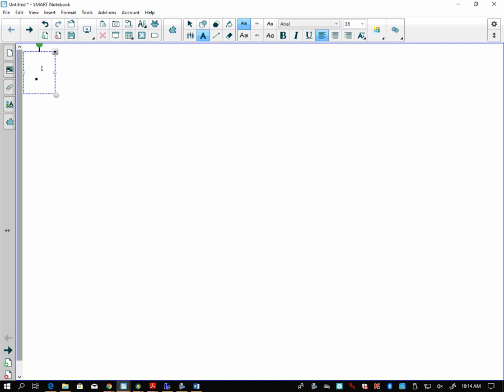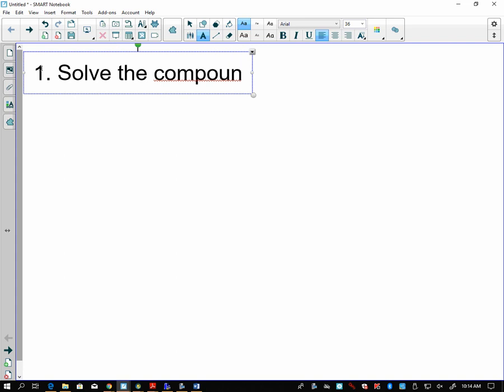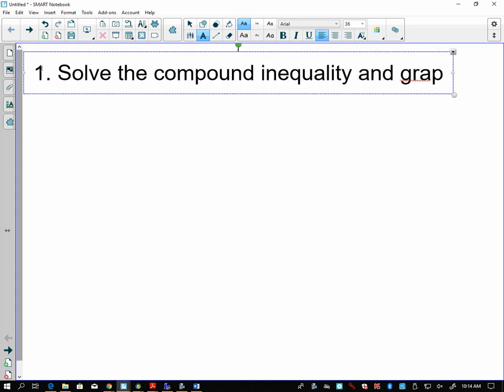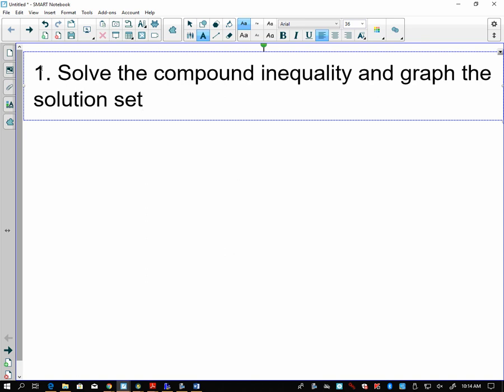Some of this is, I think, anymore, it's just easier to type. So we're going to say solve the compound inequality and graph the solution set. That's certainly going to be easier to read than my handwriting.